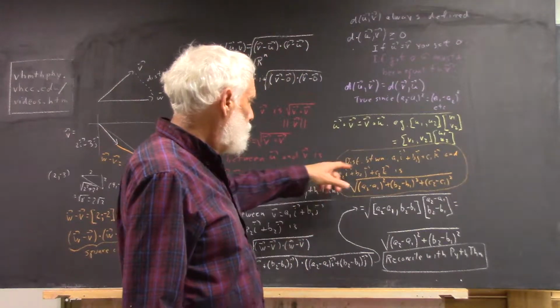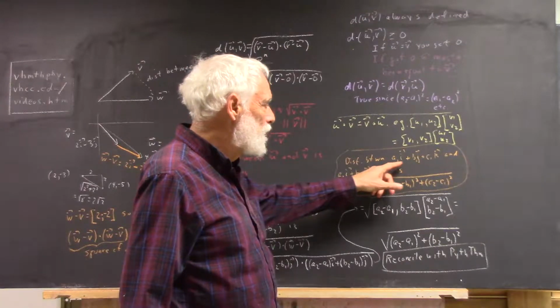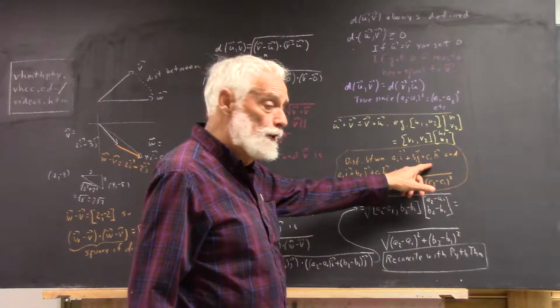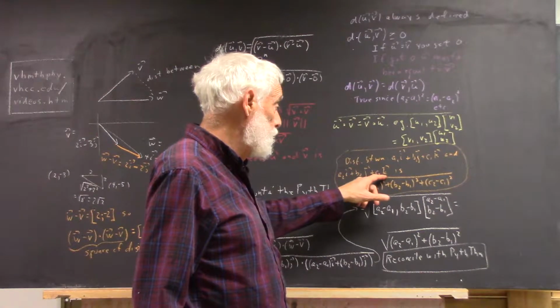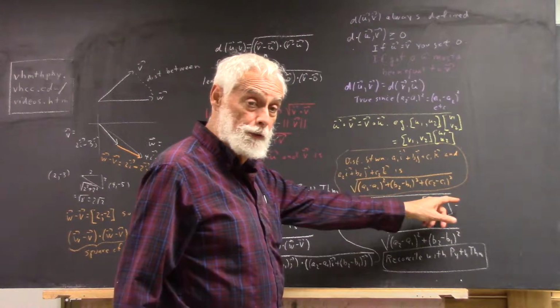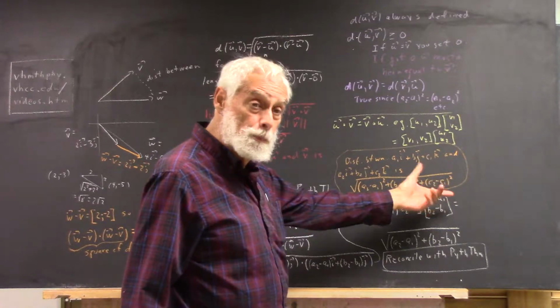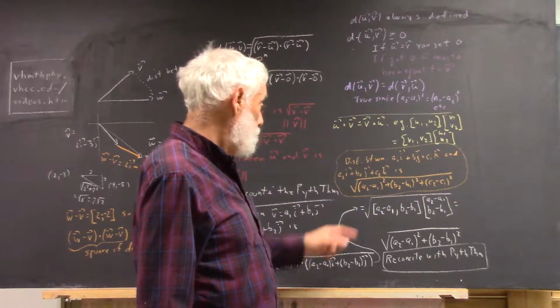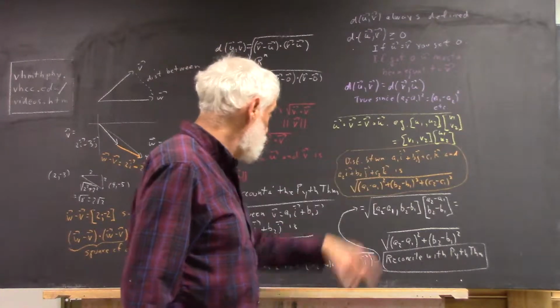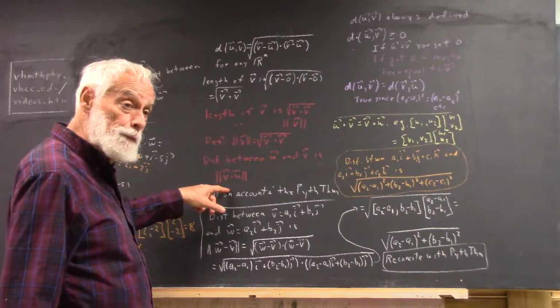Okay, so let's go to this. I said the distance between A1 i plus B1 j plus C1 k and A2 i plus B2 j plus C2 k is this. Well, I want you to be able to prove that. You simply write out what it means to do this one minus this one and apply this definition.